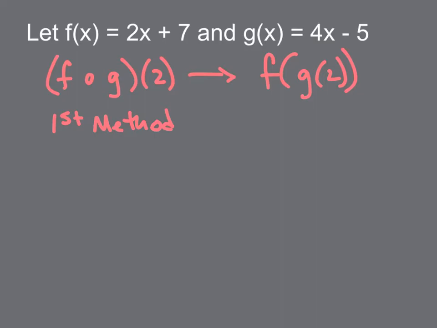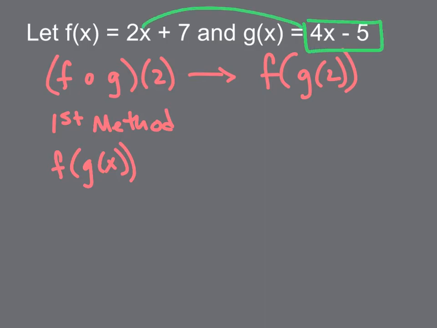What I want to do first is find f of g of x, which we've already done. That's when we took our function g and plugged it into x of our other equation. As a result, that's going to give us 2 times 4x minus 5 and then plus 7.